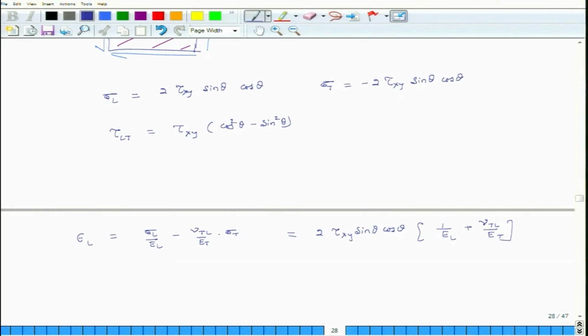Okay. The negative sign goes away because we have a negative sign here, and sigma T is also negative. So, that is why it goes away.